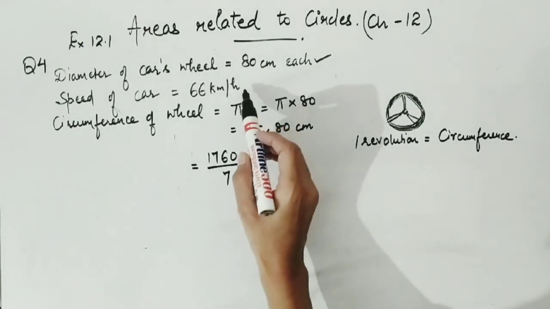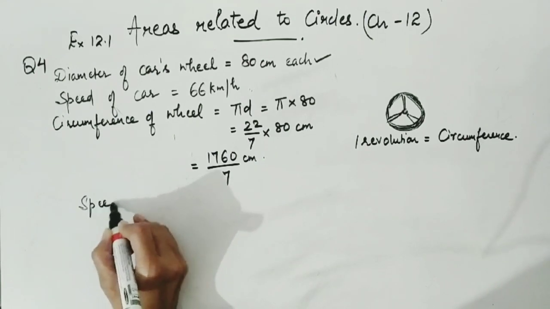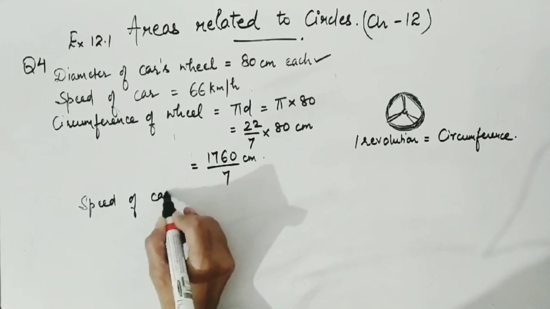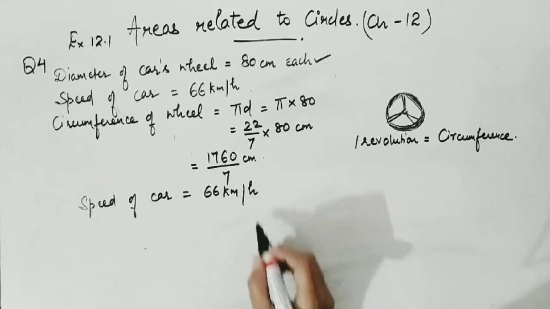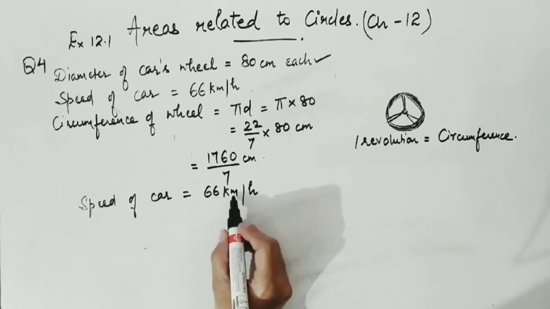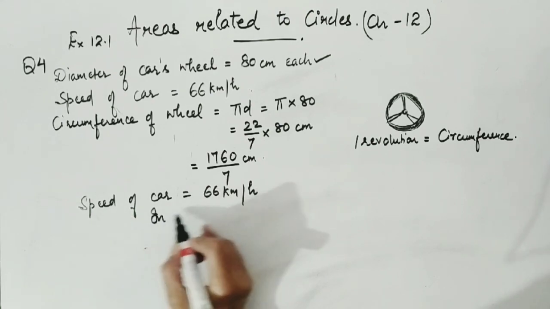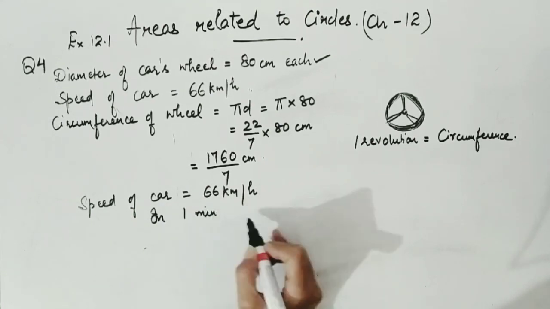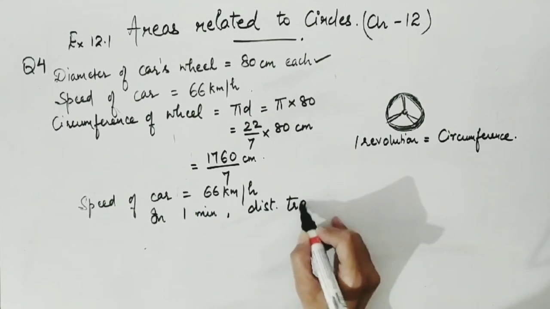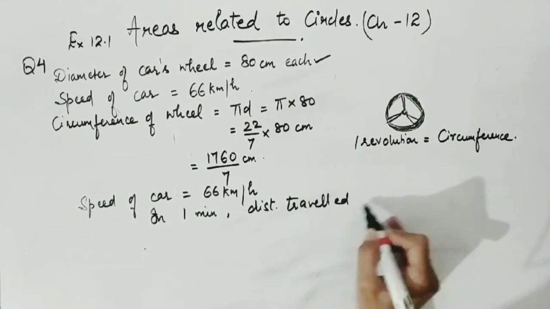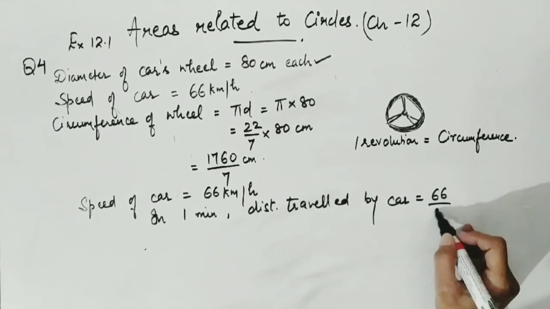Now let's talk about the speed of the car. Speed of the car is 66 kilometers per hour. In 1 hour, it travels 66 kilometers. In 1 minute, the distance traveled by the car will be 66 by 60.